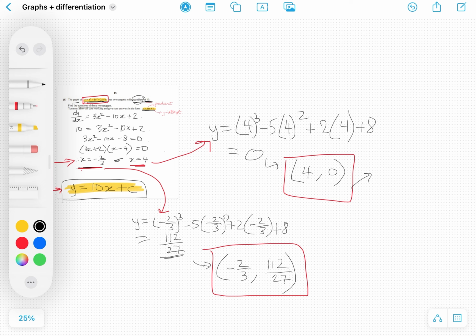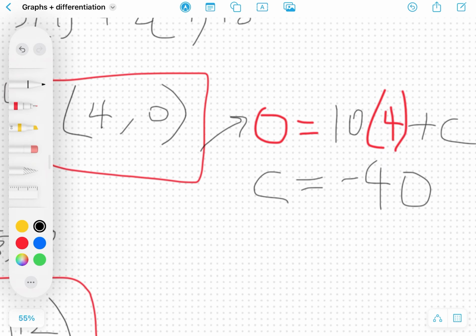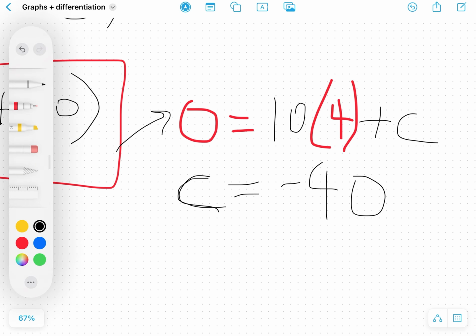So 0 is equal to 10 times 4, that's what x is, plus c. And therefore we find from this that c is equal to negative 40.